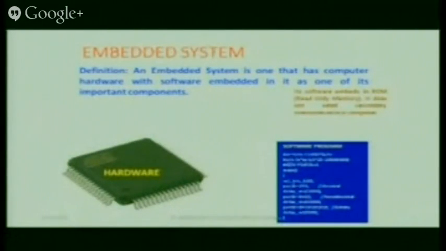But normally we consider mobiles embedded systems as long as they are not general purpose. So there is software that we write into ROM, and it doesn't need any secondary memory, as is the case in computers, like cache memory and so on. So there is a program, there is hardware, that is a chip, and this program is burnt into the hardware. That is an embedded system.